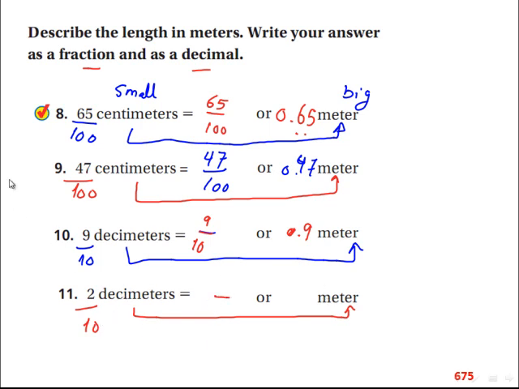So my answer is gonna be 2/10 in fraction, or 0.2 in decimal. Alright, I hope you understood this part. I know there is a new part for you, so you should focus and try to solve it. If you didn't understand, listen to this part again.